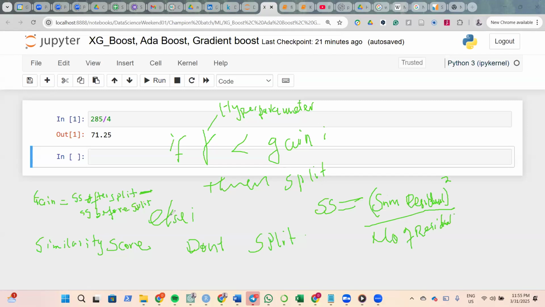So we are saying that gain is similarity score after split minus similarity score before split. And similarity score is the sum of residual squared divided by the number of residual, right?